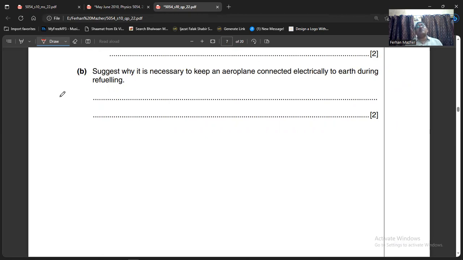And if the body of the aeroplane is also charged, then when the two charged bodies meet each other, sparks will be produced, and there will be fumes of that fuel, and an explosion can take place due to those sparks. To avoid this, we connect the body of the aeroplane and the nozzle of that fuel pipe or hose to earth, and by doing this we make sure that they do not get charged.